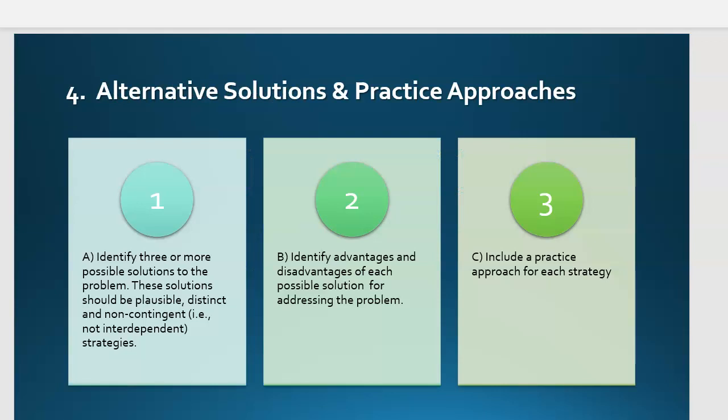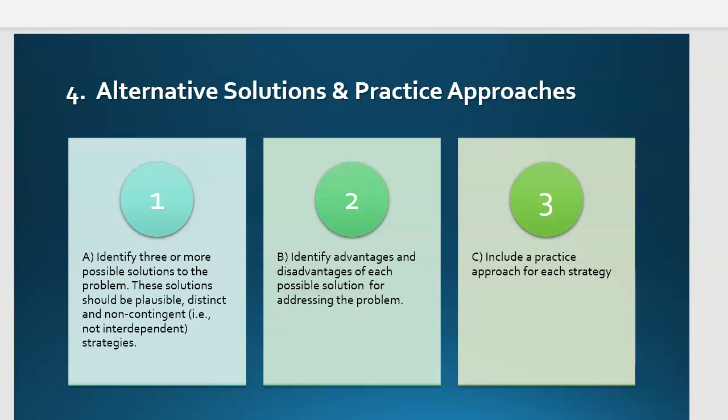So the fourth section is alternative solutions and practice approaches. There are 3 parts to this section. Part A is where you're going to identify 3 or more possible solutions to the problem.